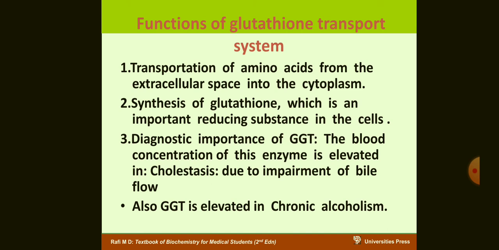That is, the enzyme GGT, gamma glutamyl transpeptidase, is found elevated in the blood under certain pathological conditions like cholestasis, immunoimpairment, or bile flow obstruction. Also, GGT is elevated in chronic alcoholism.